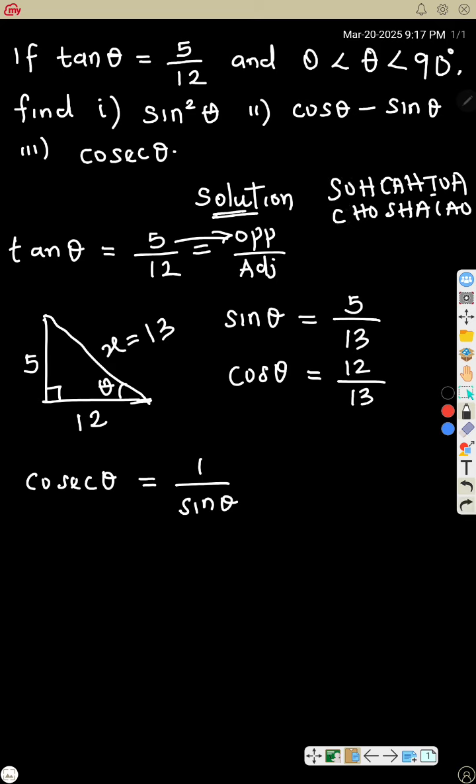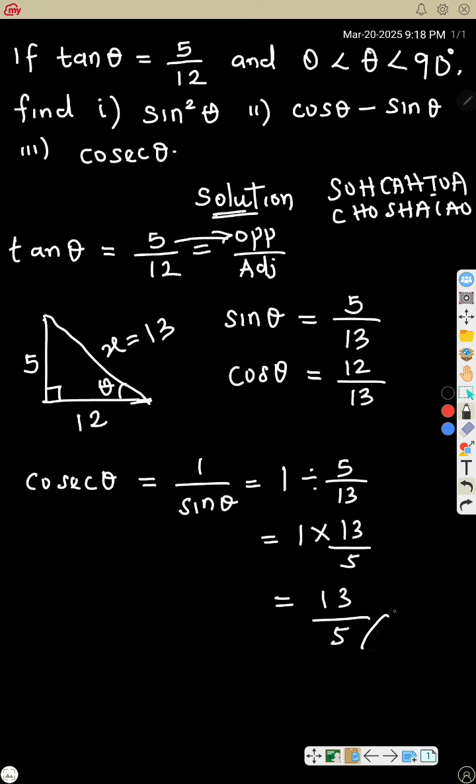We know sine theta already, that is like saying 1 divided by 5 over 13. So that is 1 times 13 over 5, so that is 13 over 5. Or cosec is hypotenuse over opposite, that is hypotenuse 13 over opposite 5. Anyhow, you can find sine and do 1 divided by it. So we have solved this.